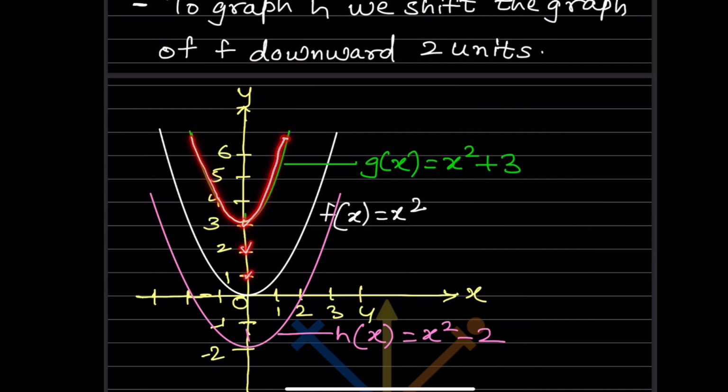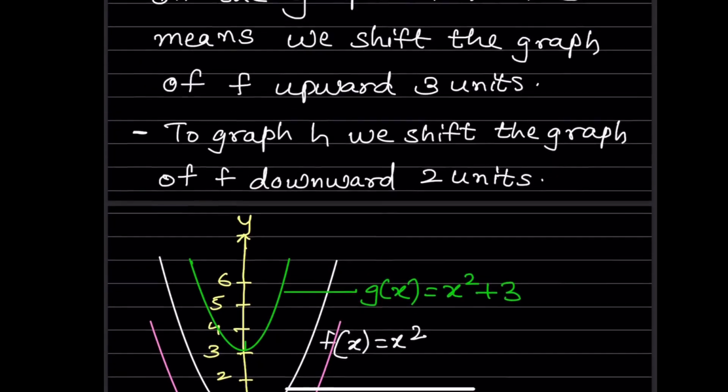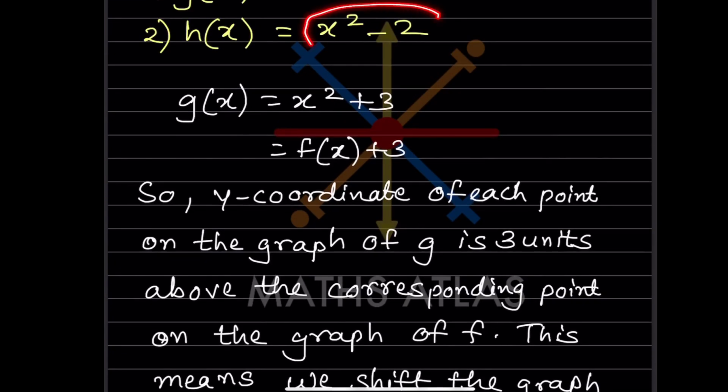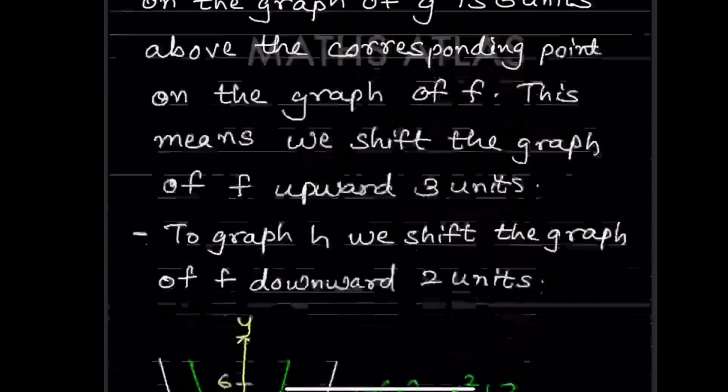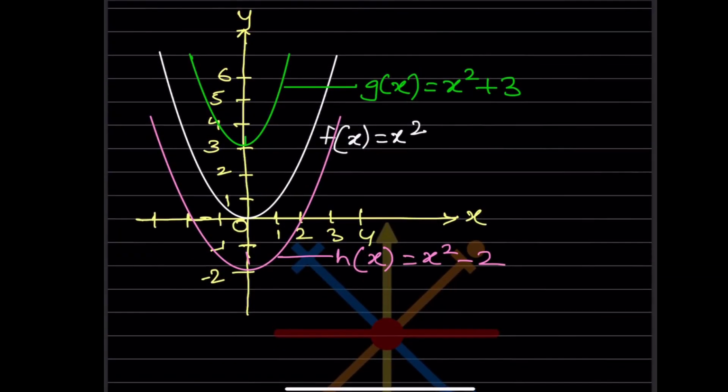This will be g of x is x square plus 3. And in the same graph, if you are plotting h of x is x square minus 2, below the main one, f of x is x square, because it is minus 2, you will come here below this one, minus 2. So this part is h of x is x square minus 2.